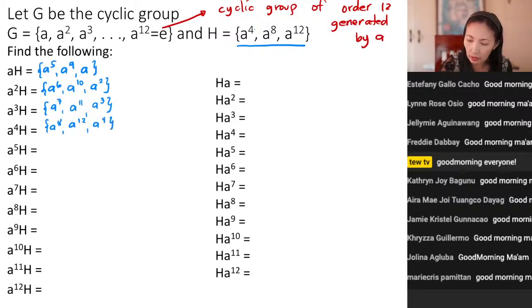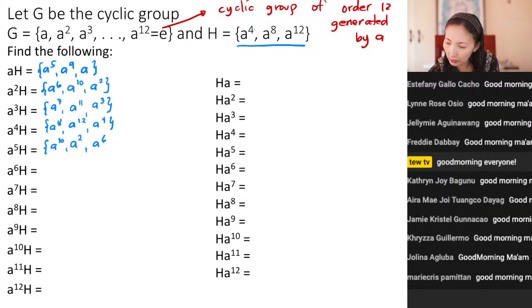Next, A to the 5th H will be A to the 10, then A squared, then A to the 6.